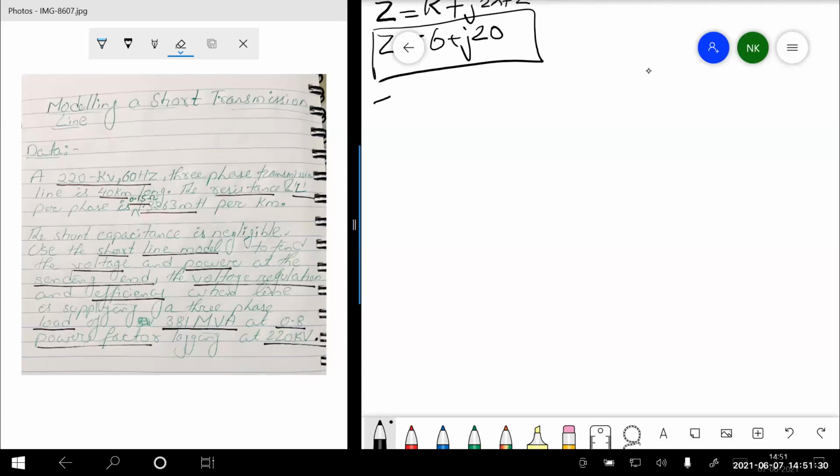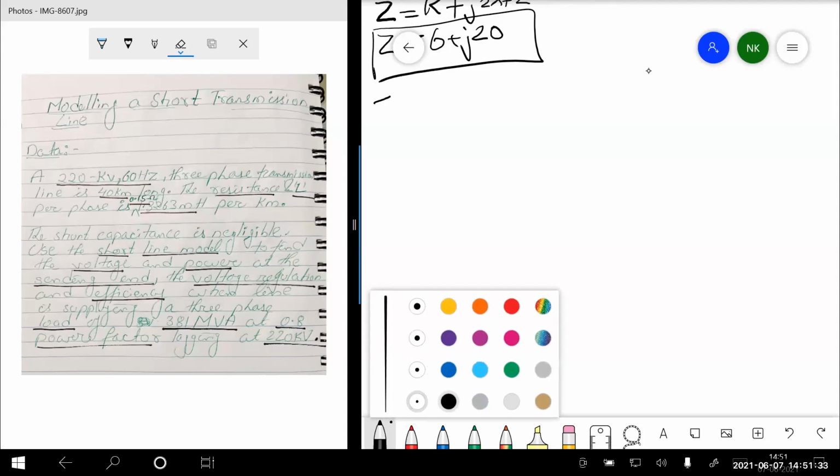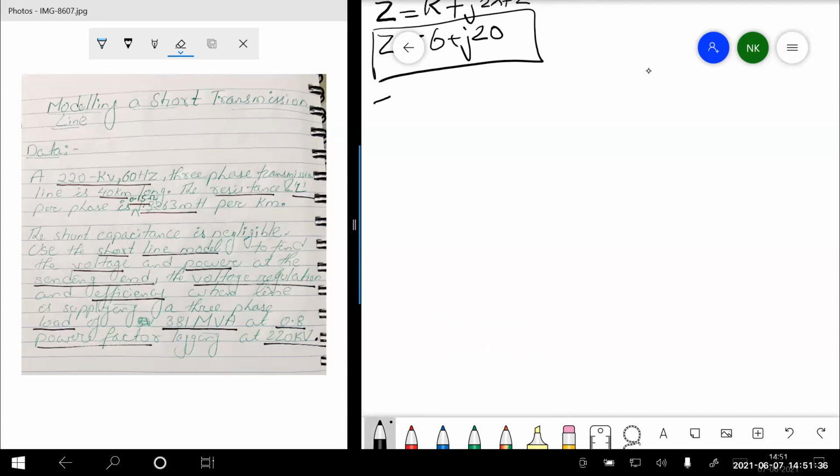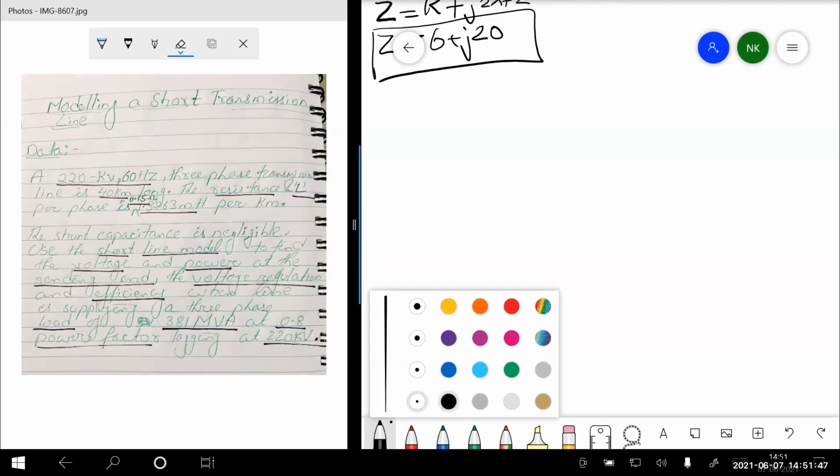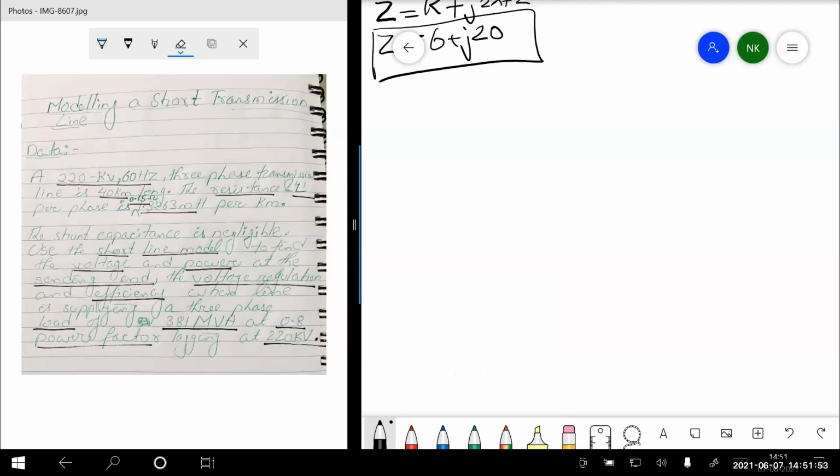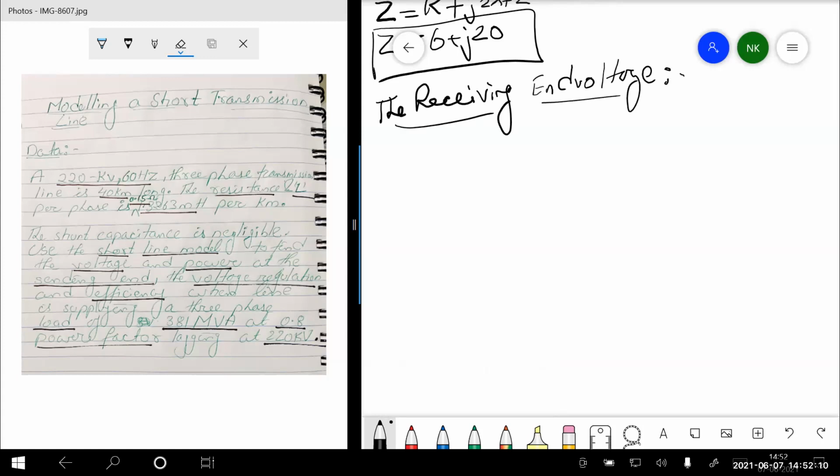Receiving end voltage. How much is it given?